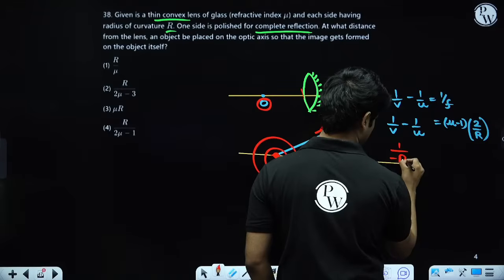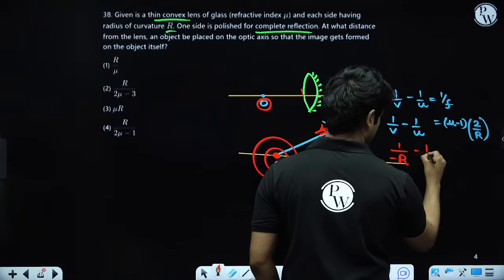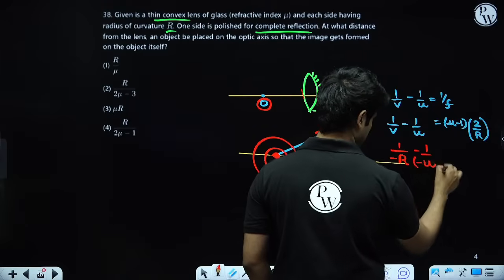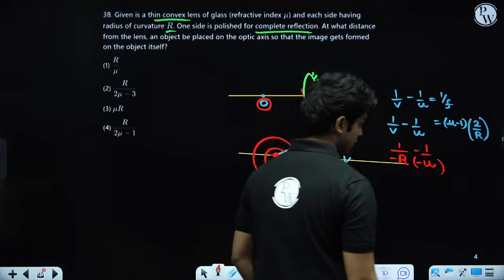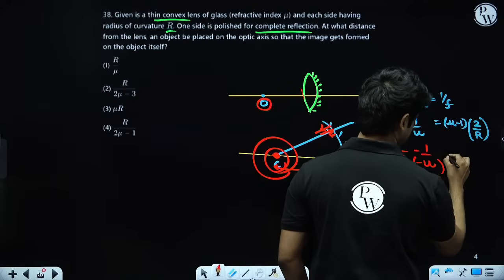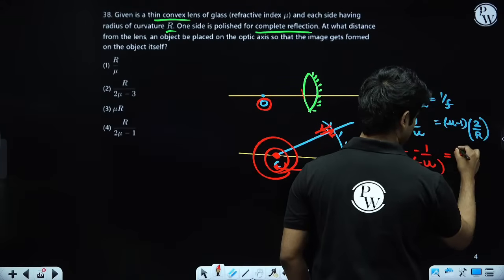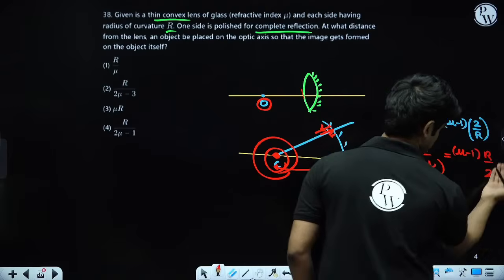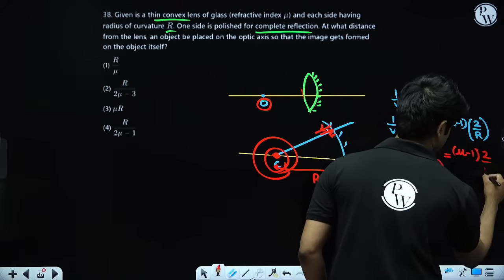V should be equal to minus r, minus 1 by object distance. So object distance, I'll just put the negative sign as well, because the object is to the left of the optical axis. This will be equal to mu minus 1 times 2 by r.